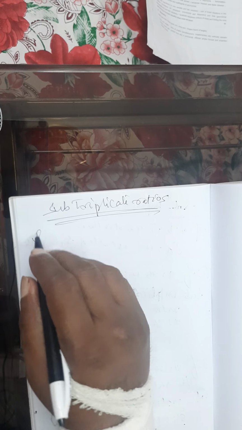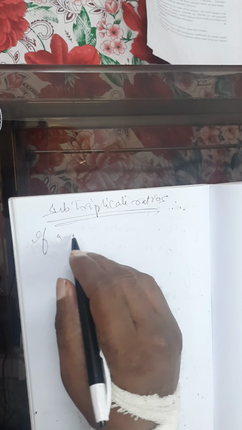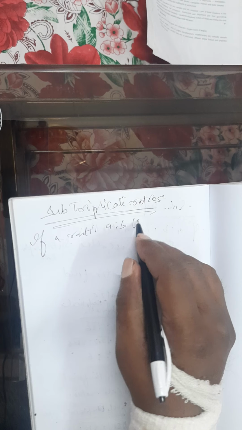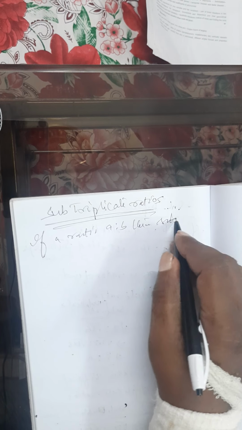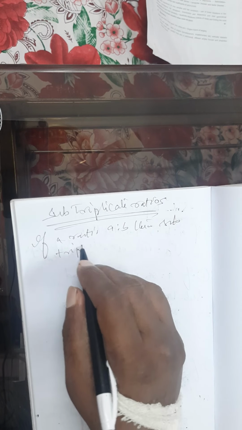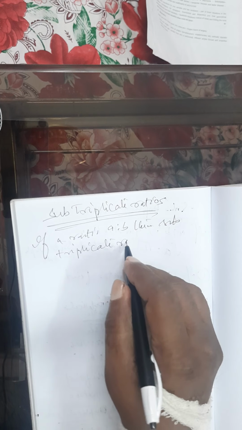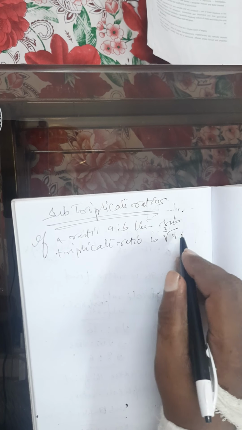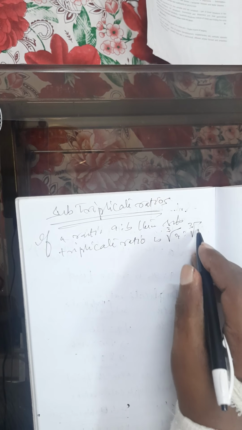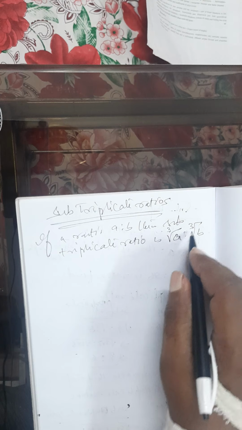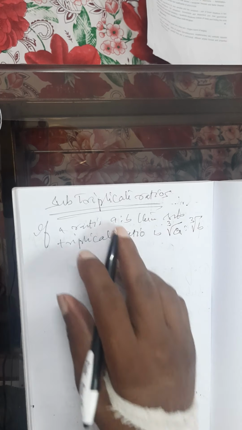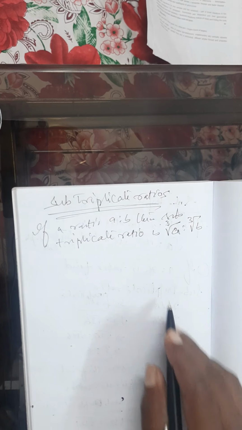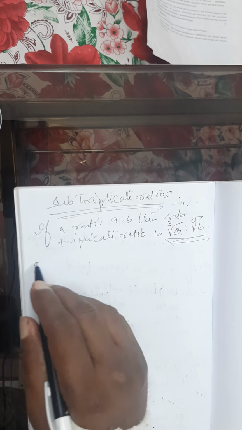If a ratio is A is to B, then the subtriplicate ratio is cube root of A is to cube root of B. Okay, cube root we have to take. For triplicate we take cubes. For sub we have to do cube roots. So take one example.